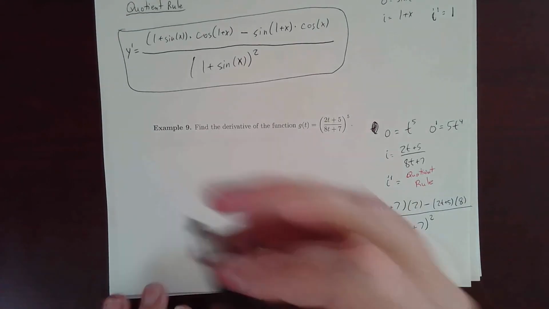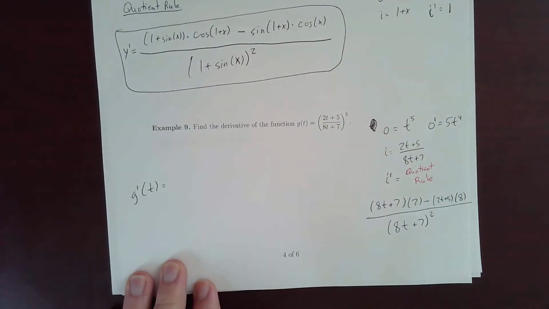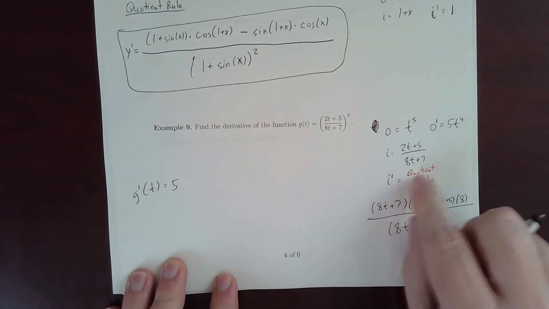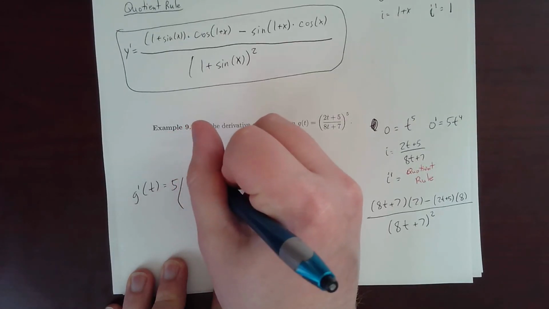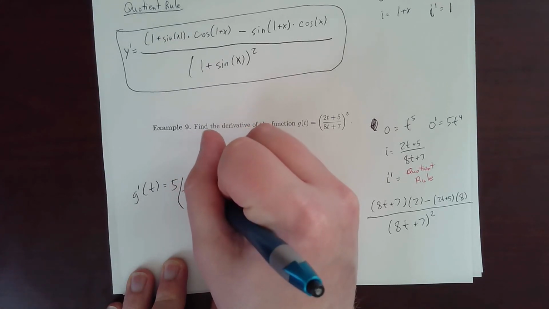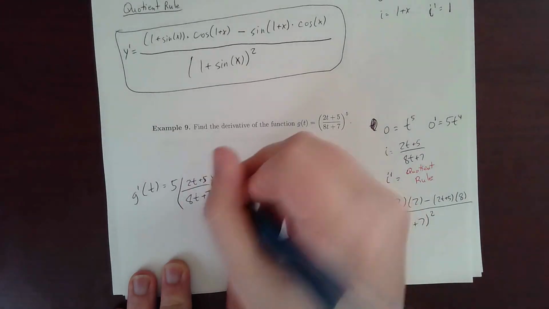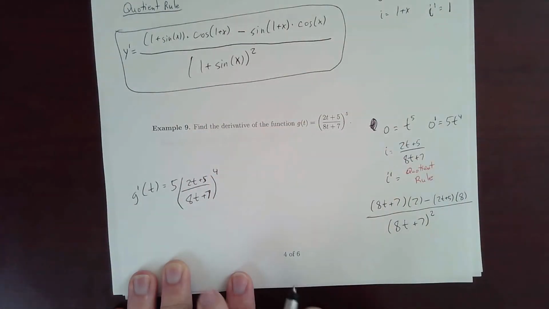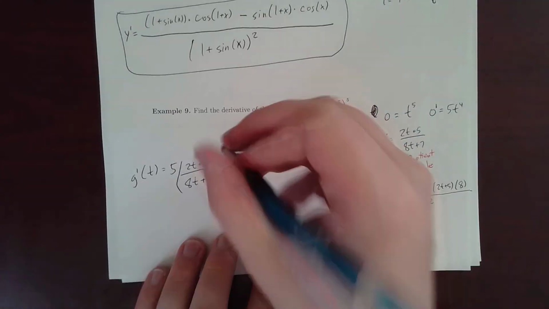So then our g prime of t will be 5 times the inside function, 2t plus 5 over 8t plus 7, raised to the 4th power times the derivative of the inside, which is this lovely monstrosity.